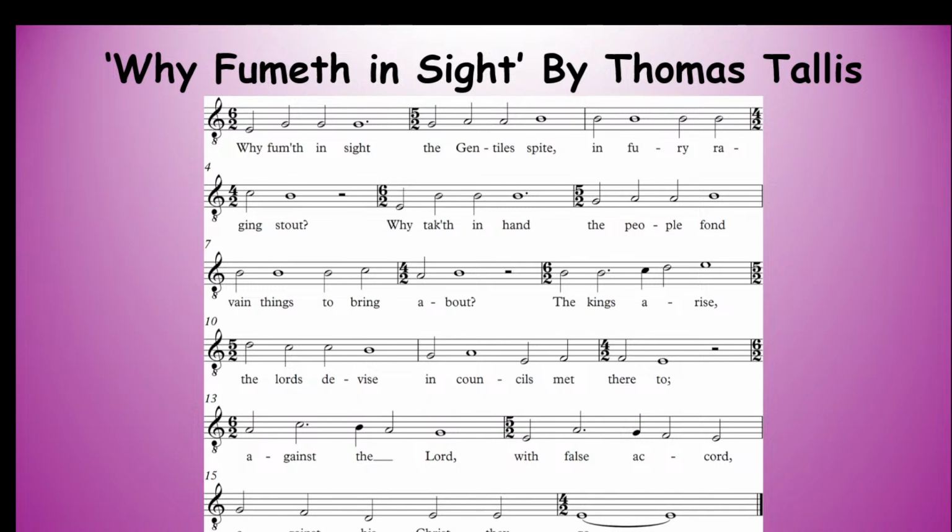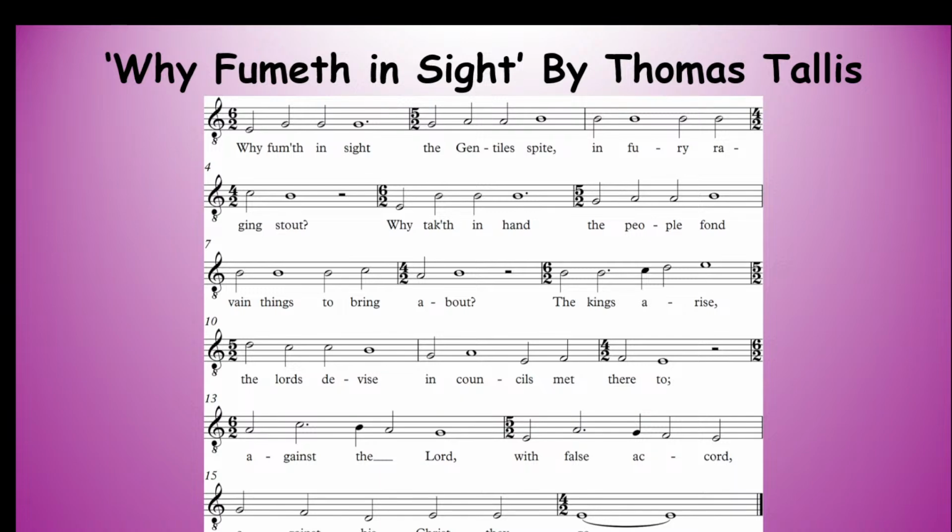Now you can see what I mean about this Dorian mode and the use of the scales that they're using. I suppose we would think of it as a very English sound. It makes the music sound very English, but it gives it a specific sound depending on what type of mode you're using. So let's go from why take thin hand after 3, 4, 3, 4.